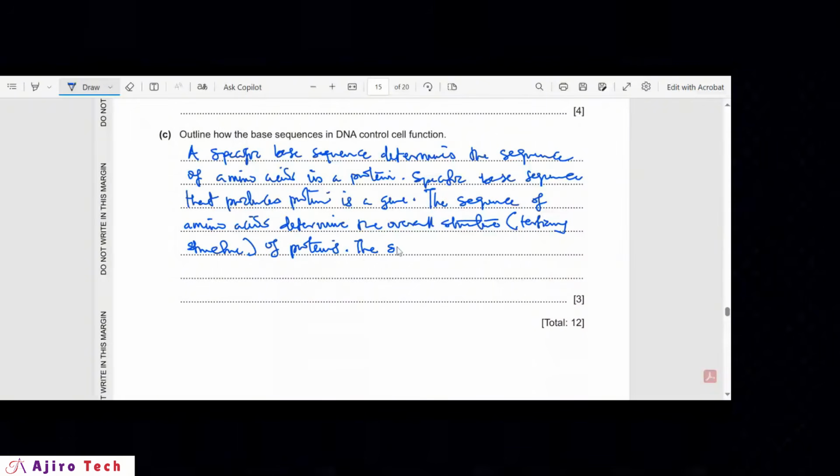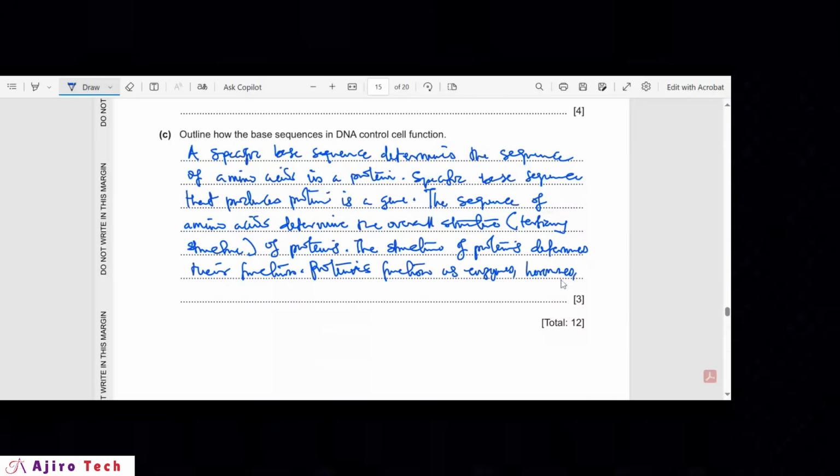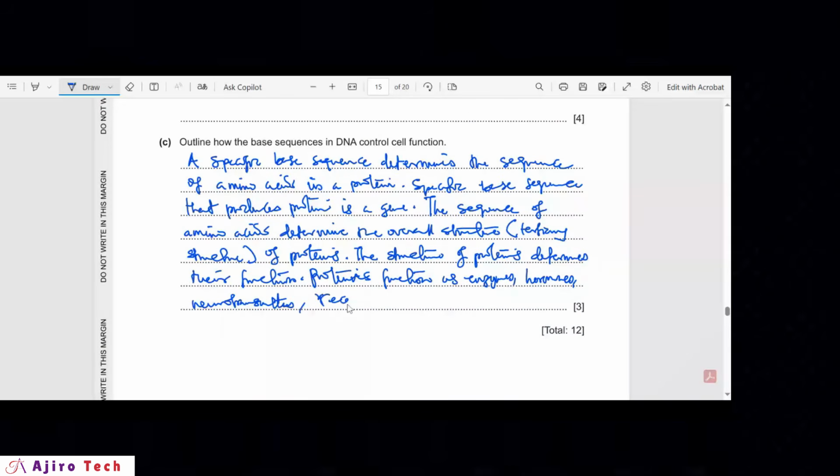The structure of proteins determines their function. So proteins function as enzymes, hormones, neurotransmitters, receptors, etc.